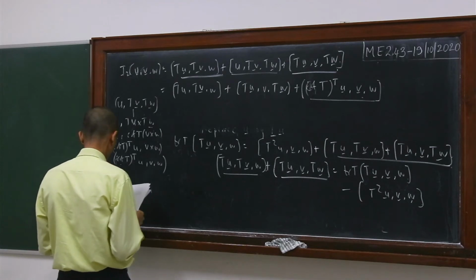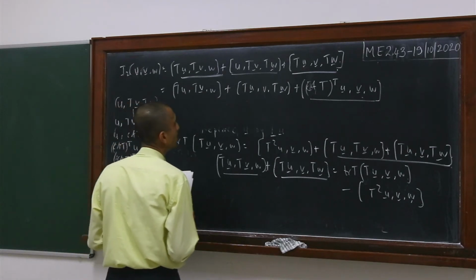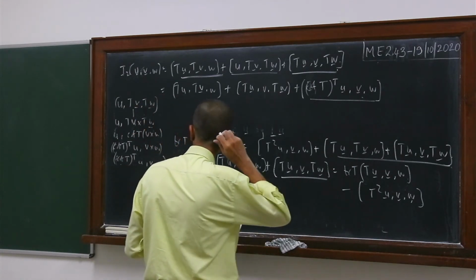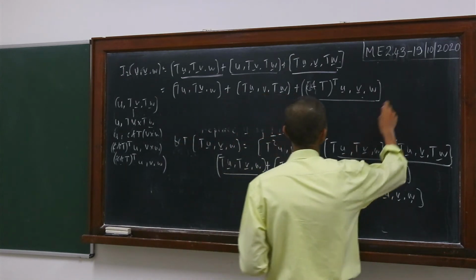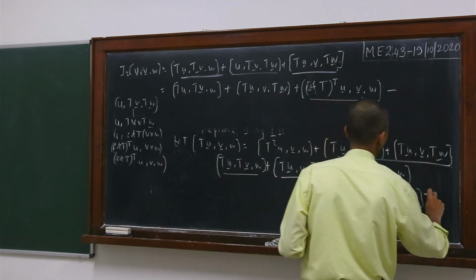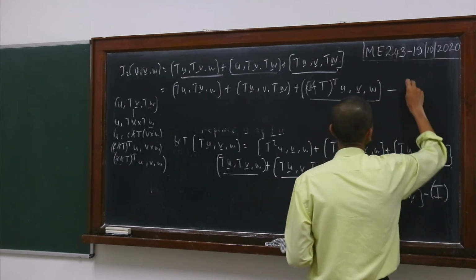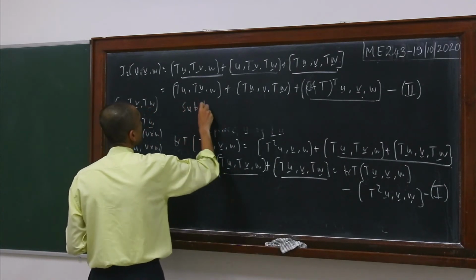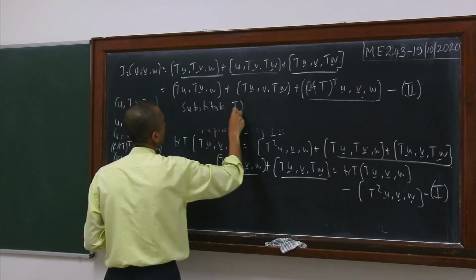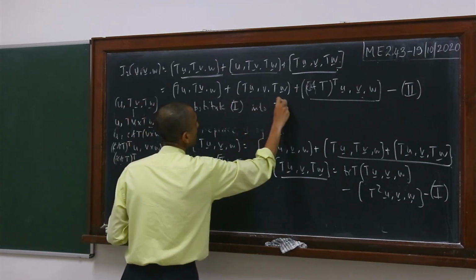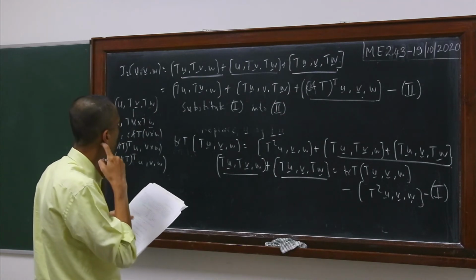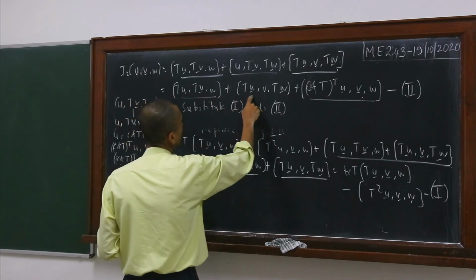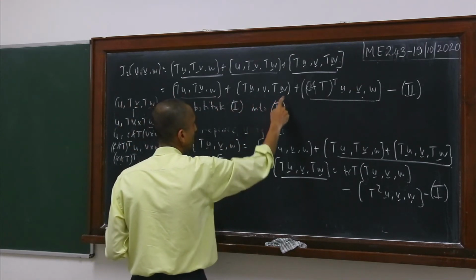So now what you do is substitute. Let me call this 1 and this 2. So substitute 1 into 2. Basically you replace these terms here: as I said, [TU,TV,W] is this term, and [TU,V,TW] is this particular term.